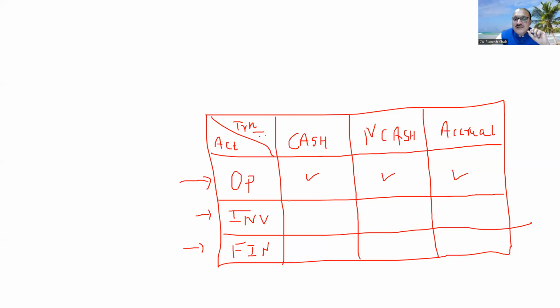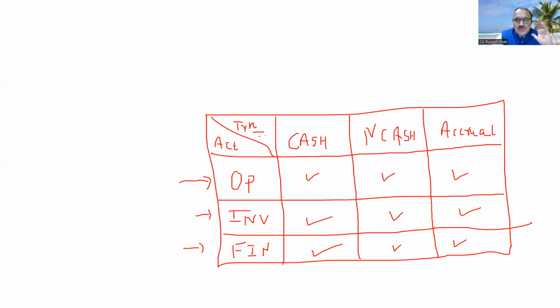Then investment activity, as we have discussed, is when some companies are doing capex, buying plant and machinery, buying land and building, buying certain software. If they buy on accrual, it will fall into this particular quadrant. If they buy on cash, it will fall under this quadrant. If I am raising money, it will fall under this quadrant. If I have to repay the loan and have some liabilities after, say, 1 year or 2 years, it may fall under this particular category. So the business is all about these 3x3 matrix.